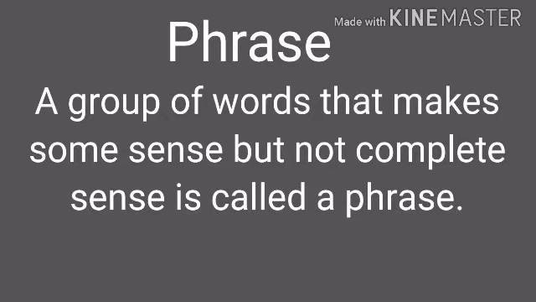So my dear students, there is a difference. A sentence has complete sense, and a phrase is also a group of words that make some sense but not complete sense. So keep this definition in your mind.